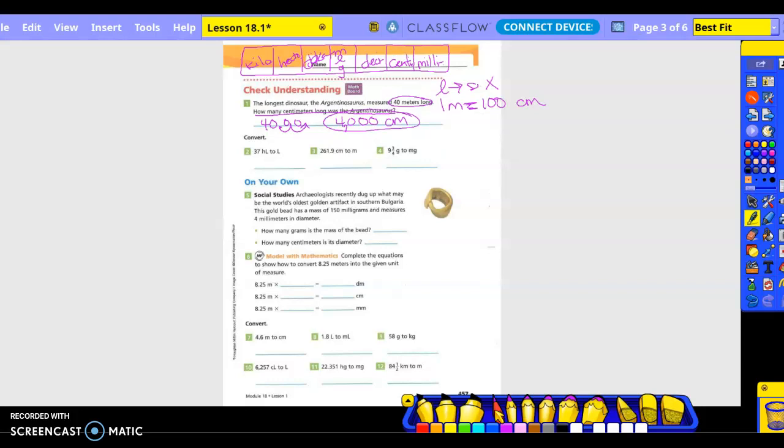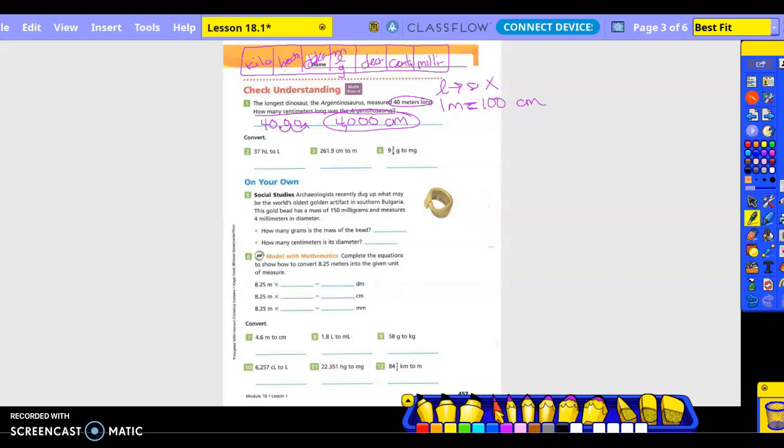Okay, next one, convert 37 hectoliters to liters, right? So am I going larger to smaller or smaller to larger? We can tell by, here's the hectometer up here, and then the liters here. So hectometer is what? Larger.